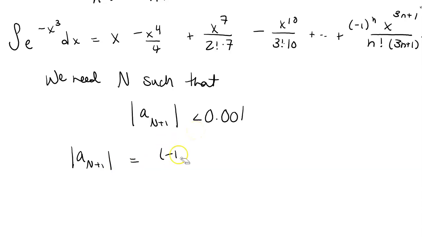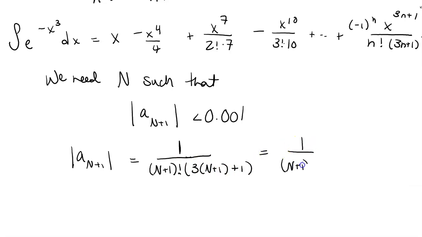Well, we don't need that because we have an absolute value; it's always going to be positive. And of course, we don't need the x part of this because this is a power series. So we'll have 1 over n plus 1 factorial times 3 times n plus 1 plus 1. So that is 1 over n plus 1 factorial times 3n plus 4. And we want that to be less than 0.001.